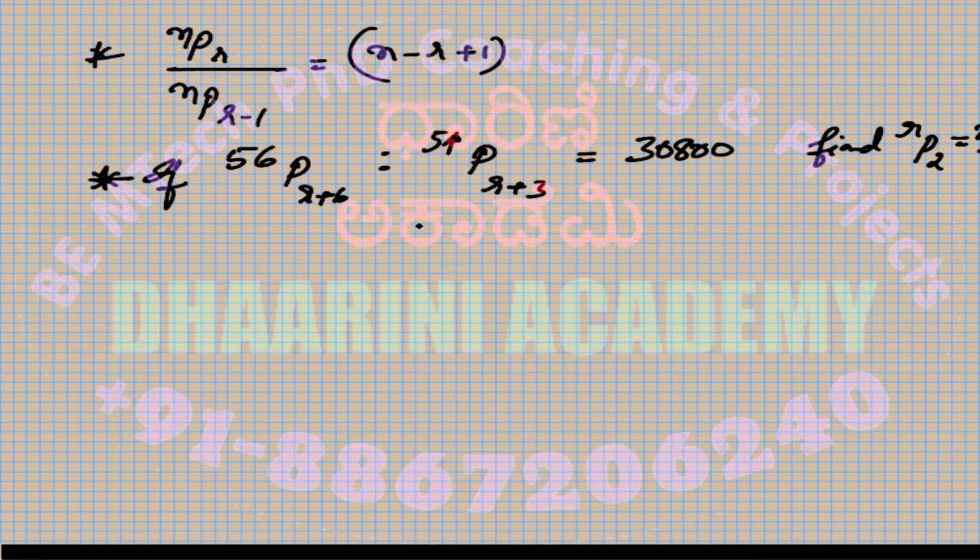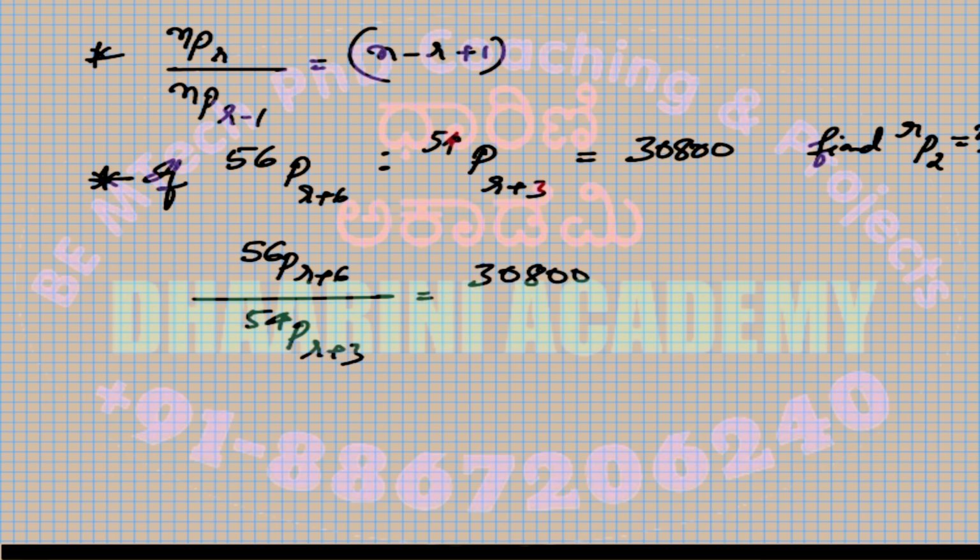Okay, now let's try to write what has been given. They have mentioned that 56P(r plus 6) divided by 54P(r plus 3) is equal to 30,800. Given data, right? So I can write 56P(r plus 6) as 56 into 55 into 54P(r plus 4).